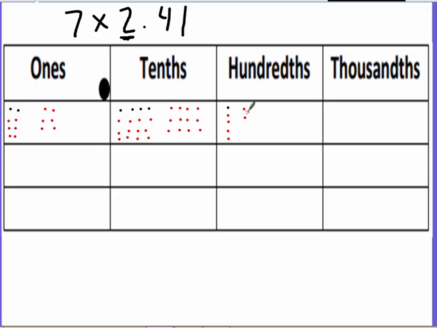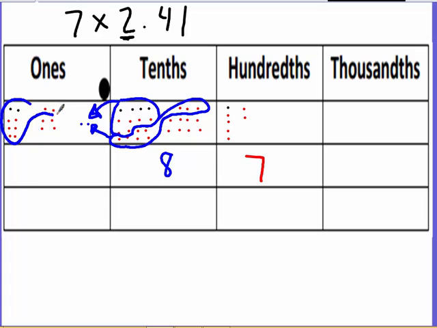Okay, hundreds will be easy. 7. This one though I have a lot of regrouping to do. So I need to take those groups of 10 and trade them. So there's 1 group of 10. 6 plus 4. There's another group of 10. And then 8. So I have an 8 here. And now let's check. 1, 2, 3, 4, 5, 6, 7, 8, 9, 10.